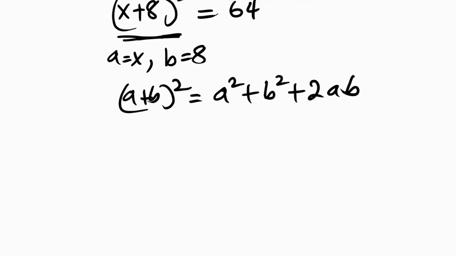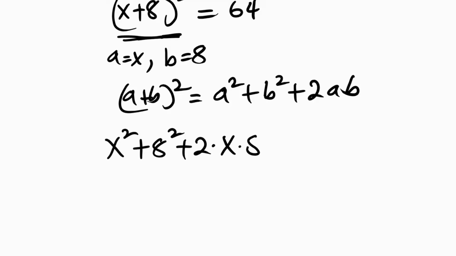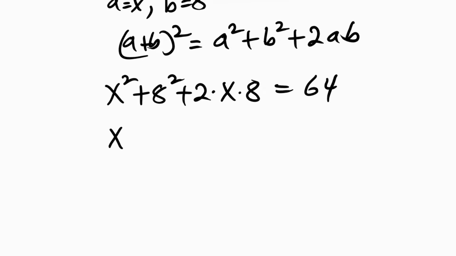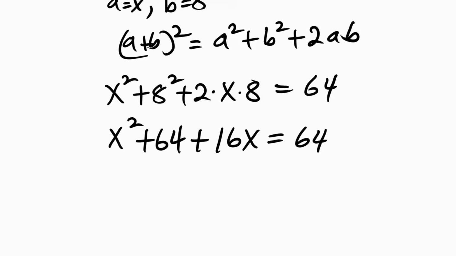Our a is x, so we have x², our b is 8, so 8² + 2·x·8 = 64. So now we have x² + 64 + 16x = 64, since 8 times 2 is 16.